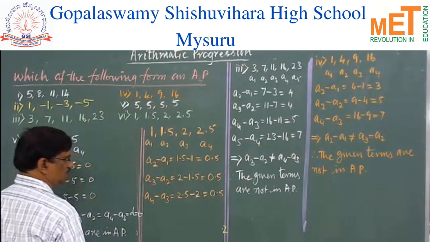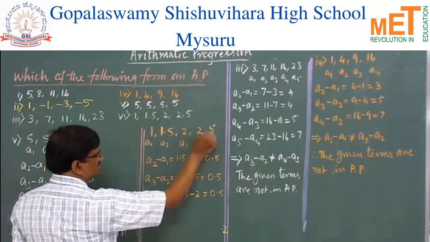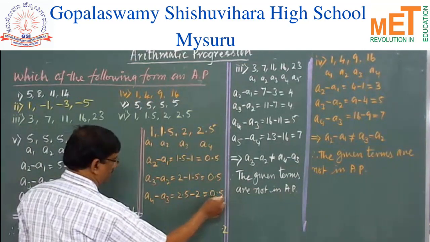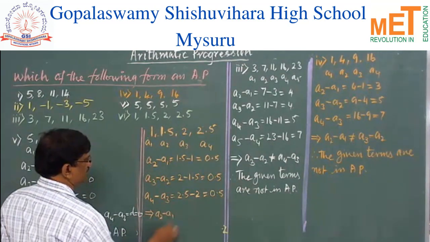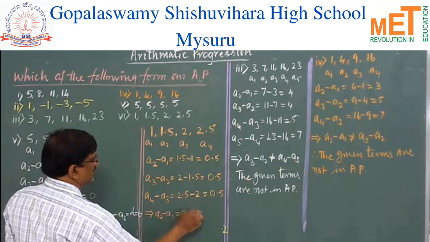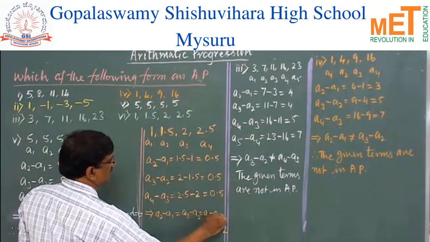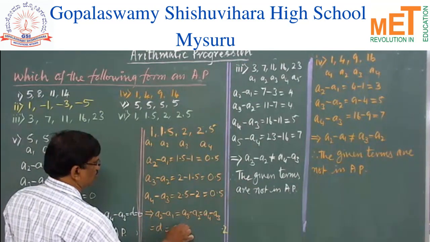So from this, the common difference between any two consecutive terms in these given terms is same, that is 0.5. That implies that A2 minus A1 is equal to A3 minus A2 is equal to A4 minus A3 is equal to D is equal to 0.5.